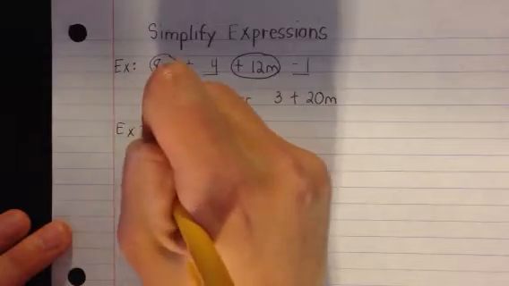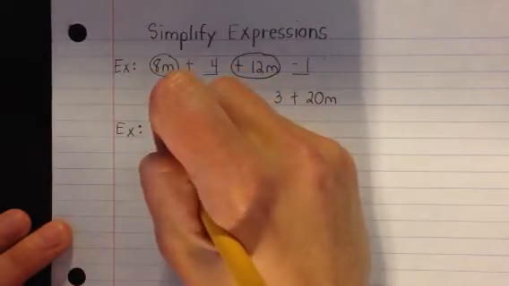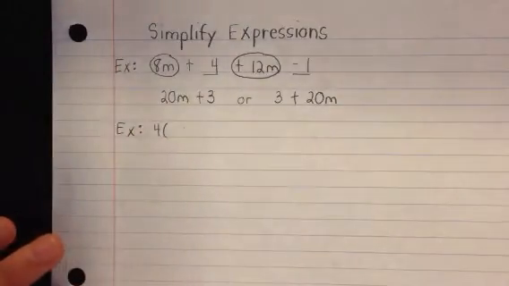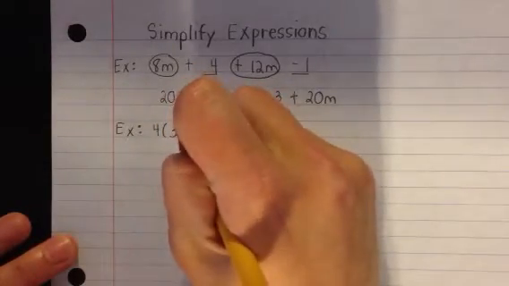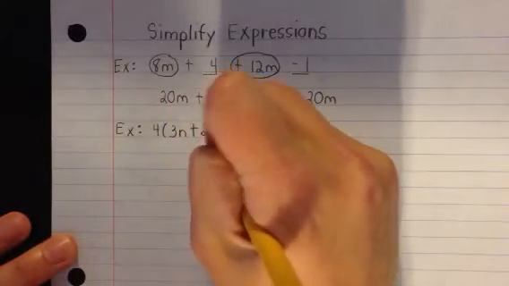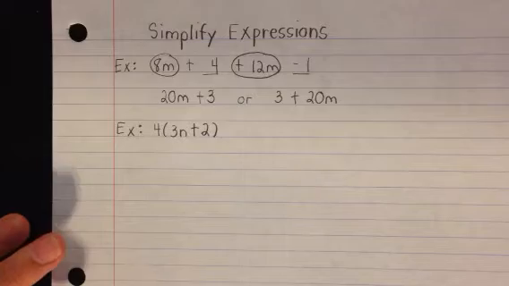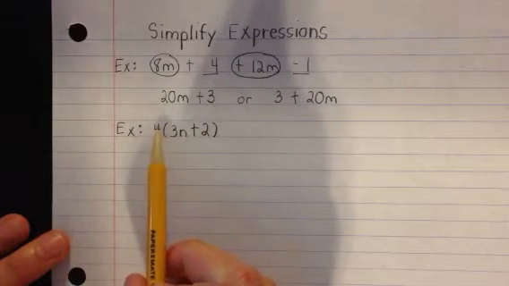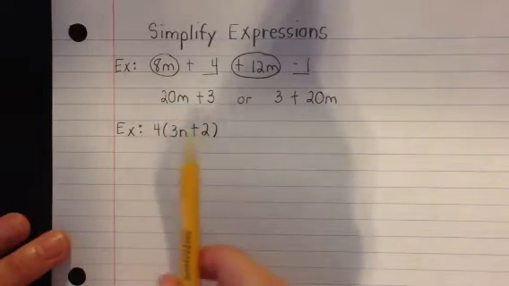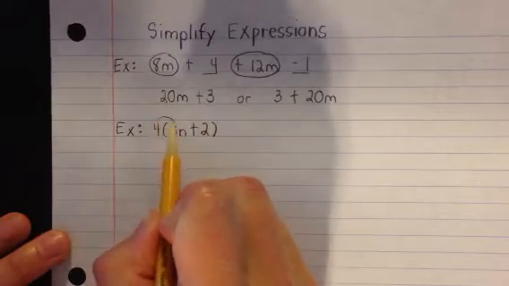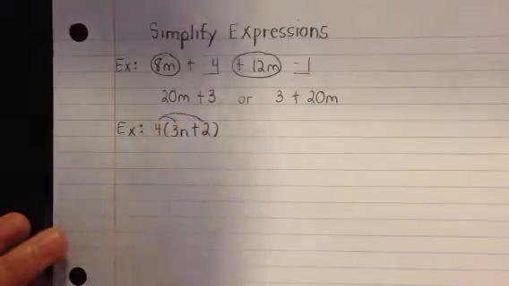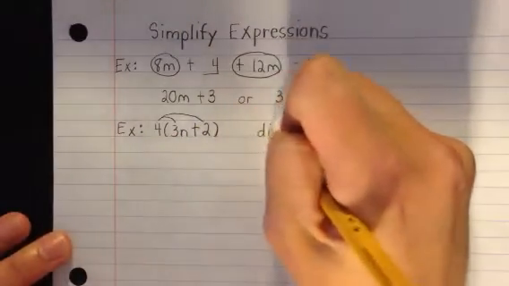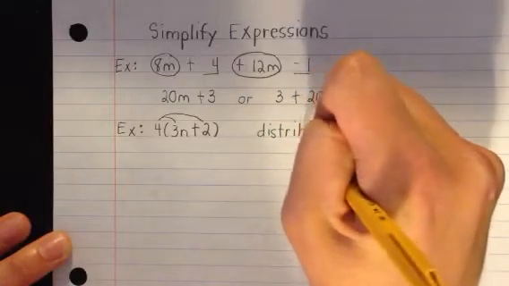Next example. Let's do 4 times the quantity 3n plus 2. Remember, when you have a number on the outside, you can't combine those on the inside. When you multiply inside to both, that is called the distributive property.